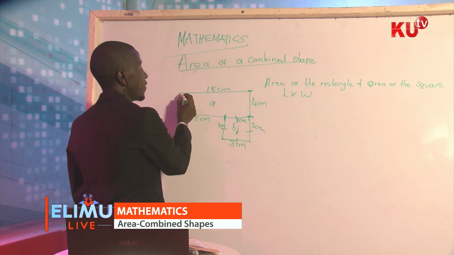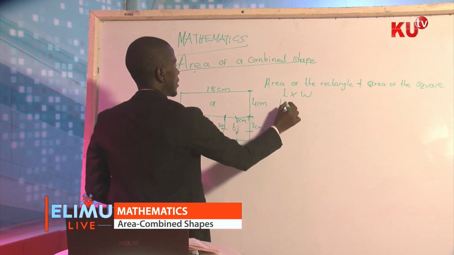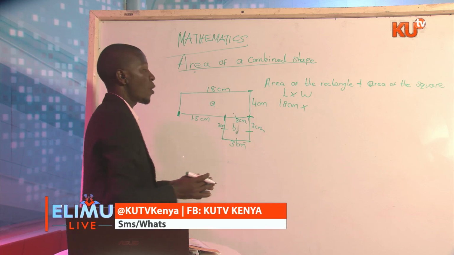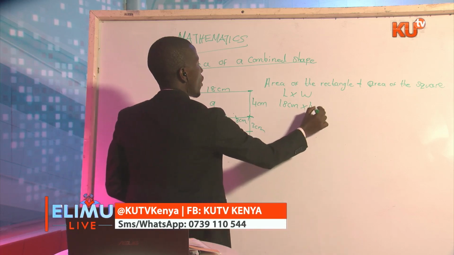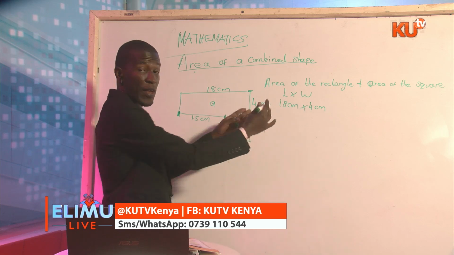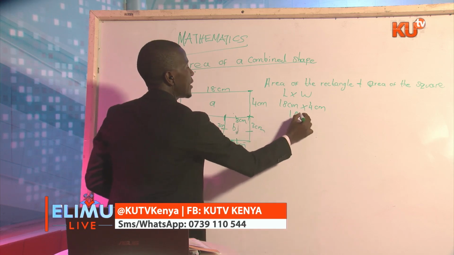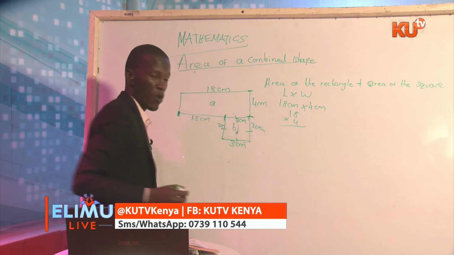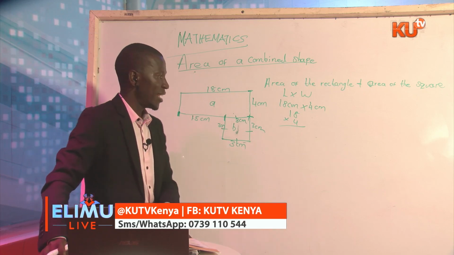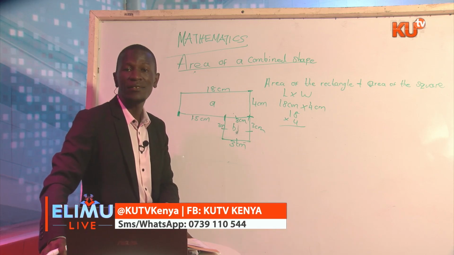And what is our length? Our length, you have identified, is 18 centimeters times, what is our width? Our width is 4 centimeters. Then you can arrange them going downwards for easy working. So 8 times 4. What is 8 times 4? 8 times 4 is equal to 32.